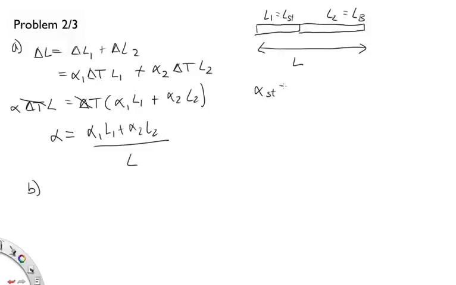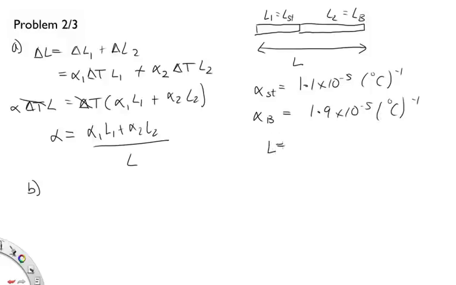And we're told that alpha for steel is equal to 1.1 times 10 to the minus 5 per degree C, and that alpha for brass is equal to 1.9 times 10 to the minus 5 per degree C, and that the length of this rod L is equal to 52.4 centimeters. And we're asked what's the length of steel and what's the length of brass that we need to make up this composite rod, and the composite thermal expansion coefficient is given by 13 times 10 to the minus 6 per degree C.